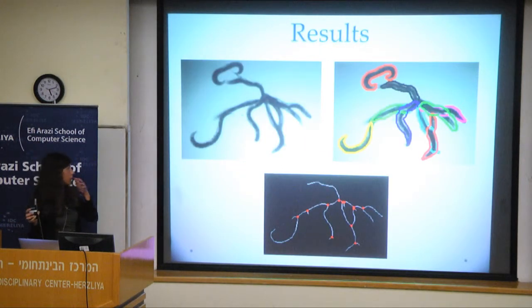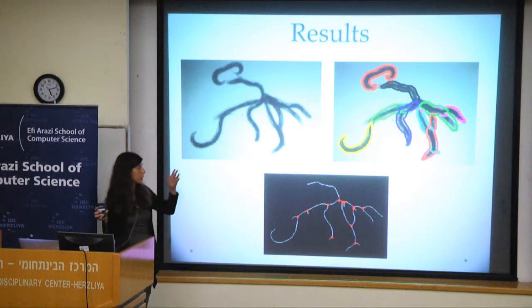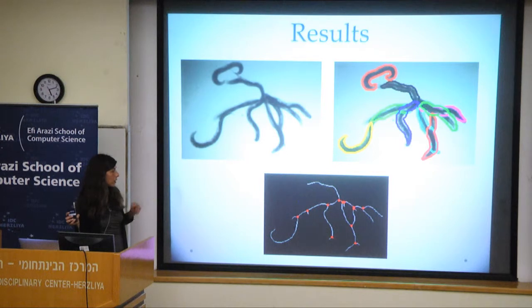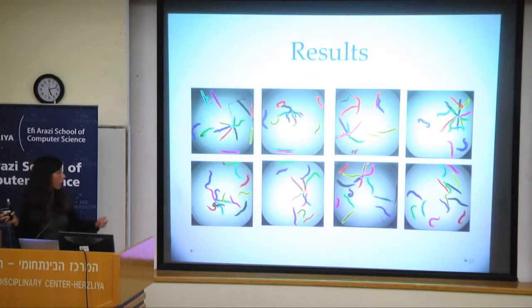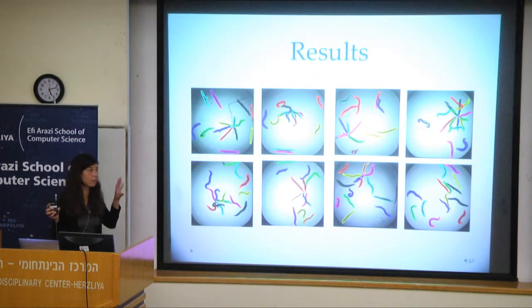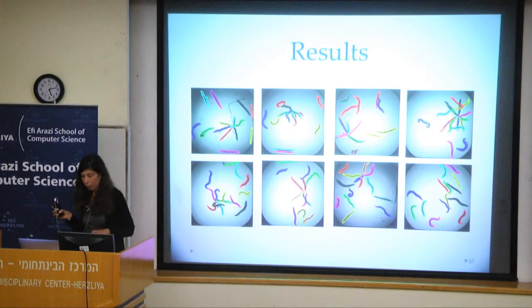Some results. You can see here an example of a worm cluster, and on the right the segmentation, and below you can see the skeleton with the intersection points, and there are many paths here in this simple example. These are some more results, but in fact, these were only preliminary results.